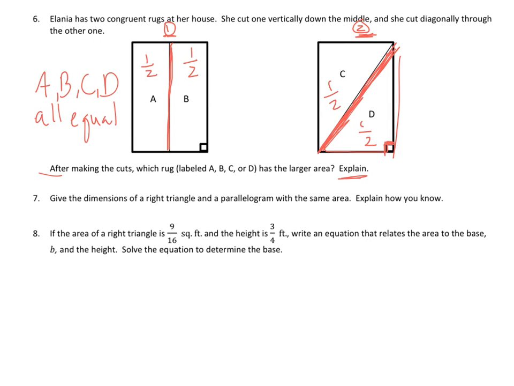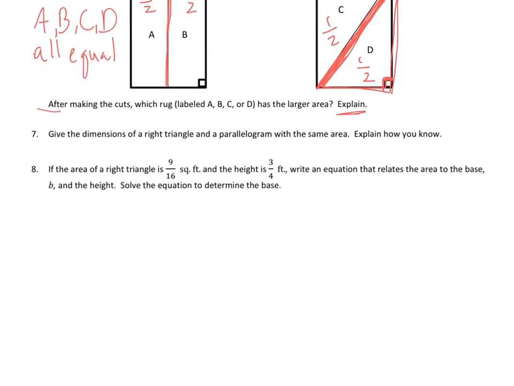And it's because of what we just discussed that when we create a diagonal cut and make a right triangle, the right triangle is going to be equivalent to half of the rectangle.